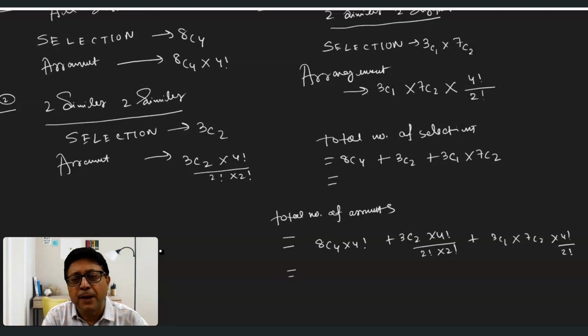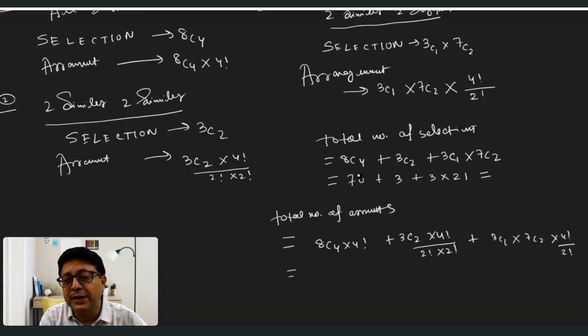Okay. Now we evaluate 8C4. So this is factorial 8 by factorial 4, factorial 4. That way factorial 4 if you cancel, it is going to be 70. This is 3. This is 3 into 7C2. That is 42 by 2, that is equal to 21.